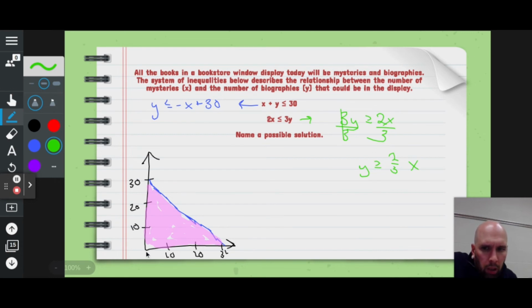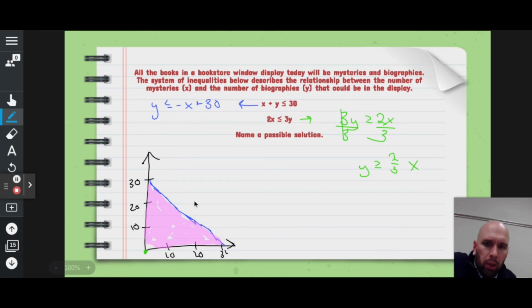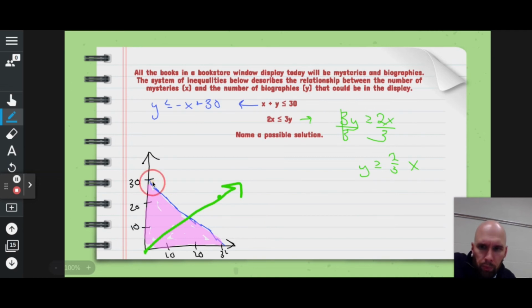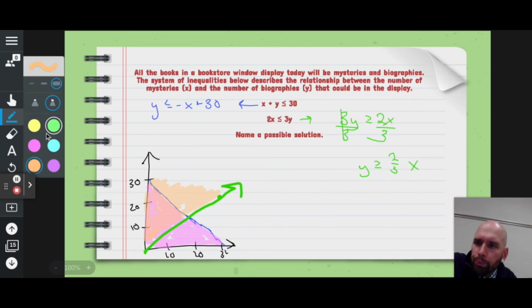Start out here, up 2, right 3. And I'm going to shade above. And so my feasible region lives like here.